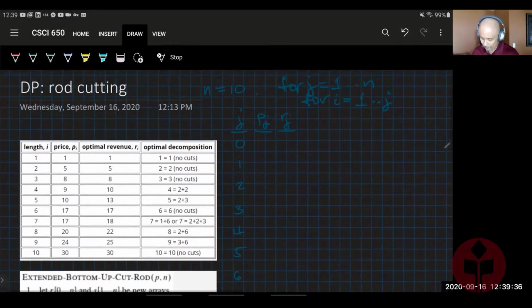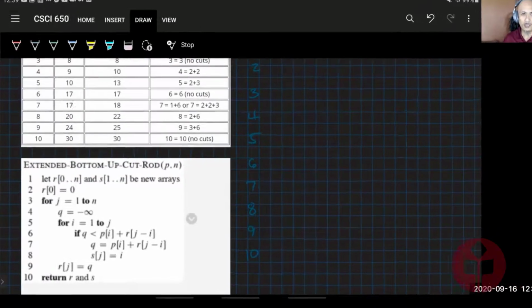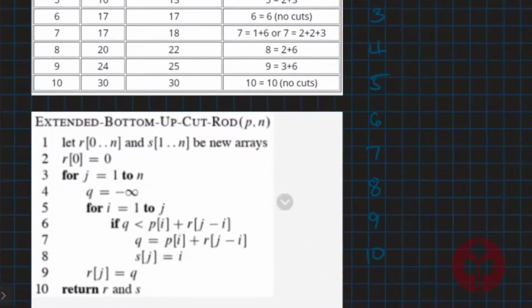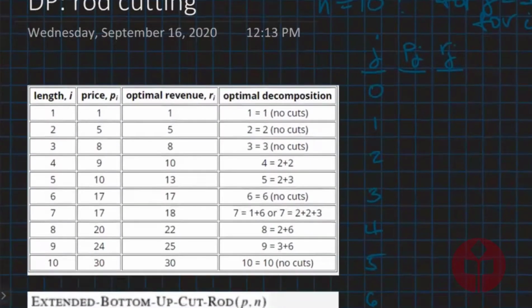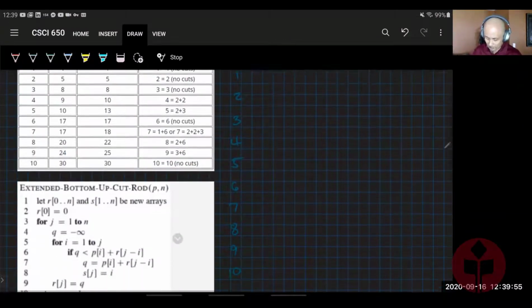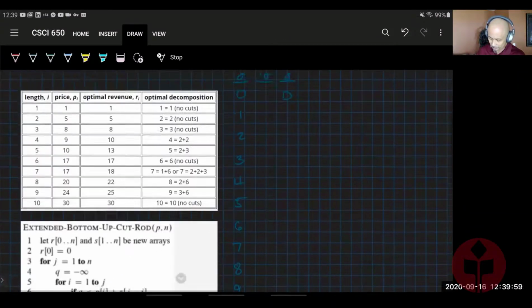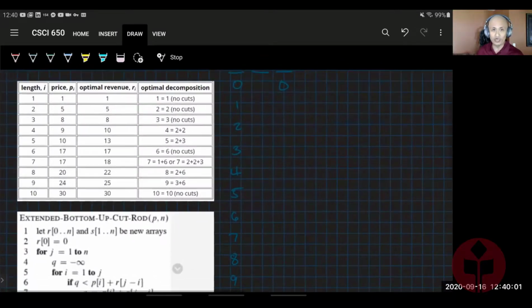Okay, so we run up to 10 because that is the length of the rod. The R0 value on line 2 is set to 0. So we're going to go ahead and initialize the R0 value to 0. The P table, or the P vector, will only have 10 entries from P1 to P10. So that stays as is.